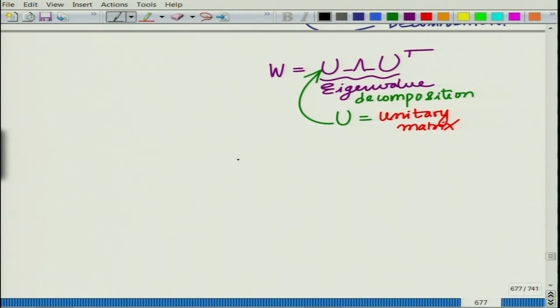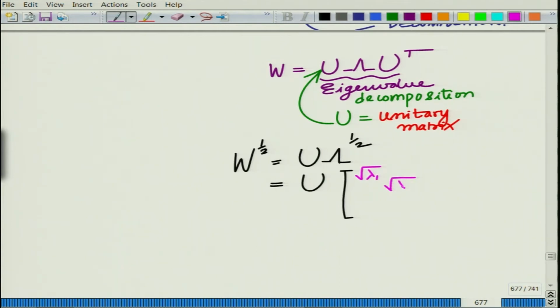This implies I can write W half as U lambda to the power of half, that is, U times the diagonal matrix of eigenvalues with the square root taken: square root of lambda 1, square root of lambda 2, up to square root of lambda m, since W is an m cross m matrix.